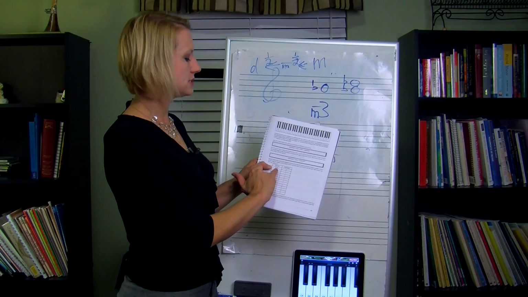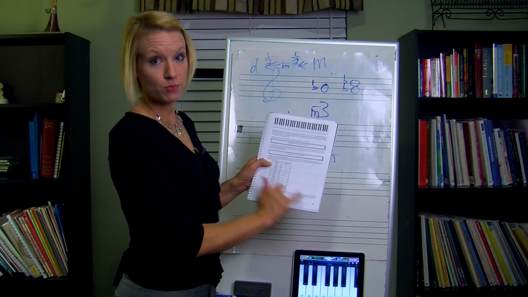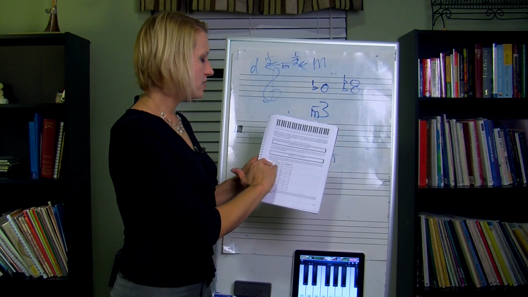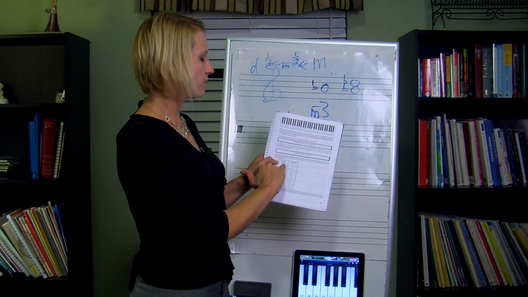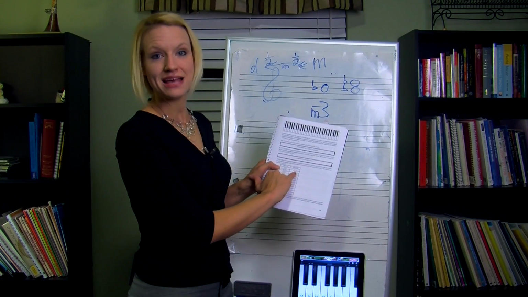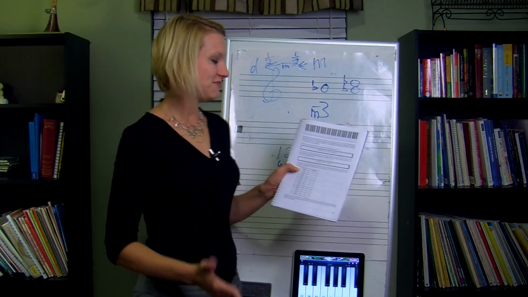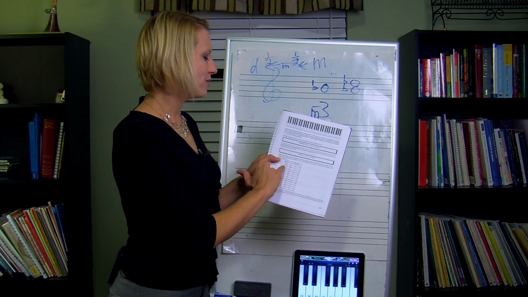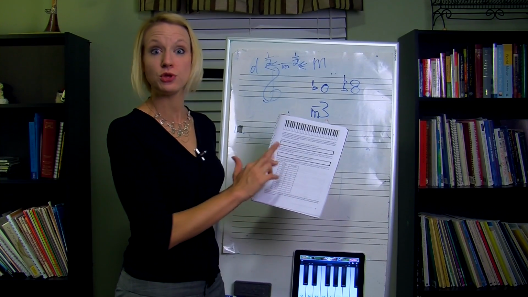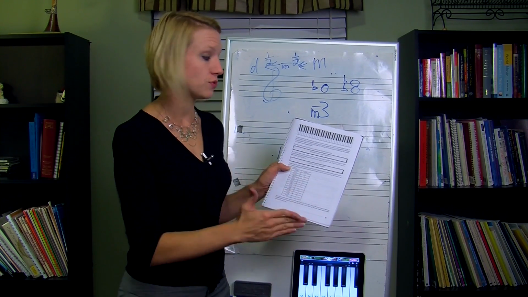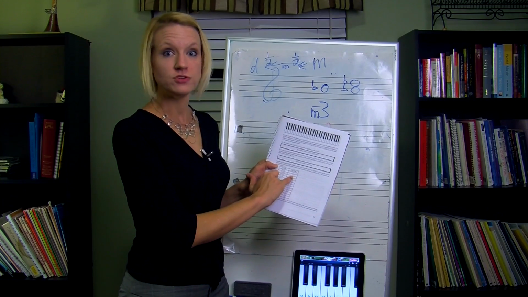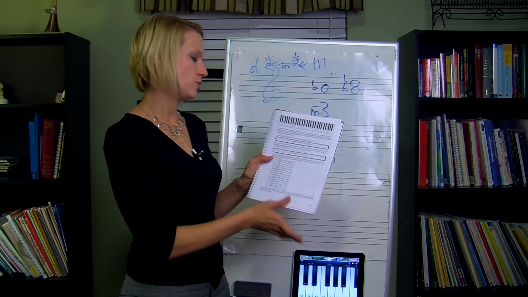I know you can't read this, but look at page 77 in your book while I'm talking. This shows you that a perfect unison or a diminished second has 0 half steps, because a unison is the same note. The next one is a minor second or augmented first. Those are the enharmonic intervals, and those both have just 1 half step between the two.